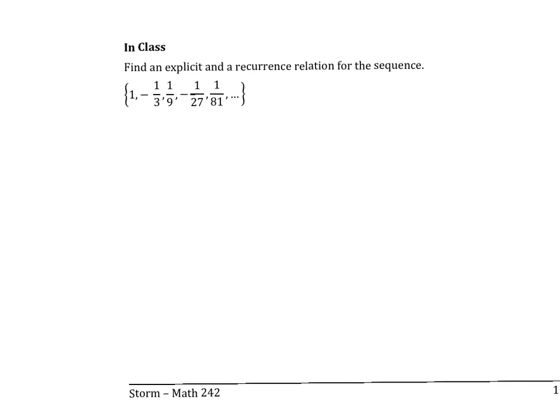We want to see if we can find an explicit and a recurrence relation for this sequence. I do notice that it's alternating. And I do notice that the denominator, those would be powers of 3. So I'm looking at explicit first because I can see that a lot easier than the recurrence in this particular case.